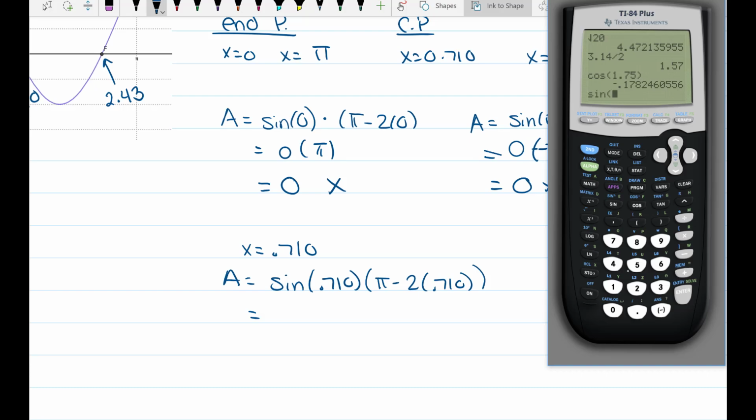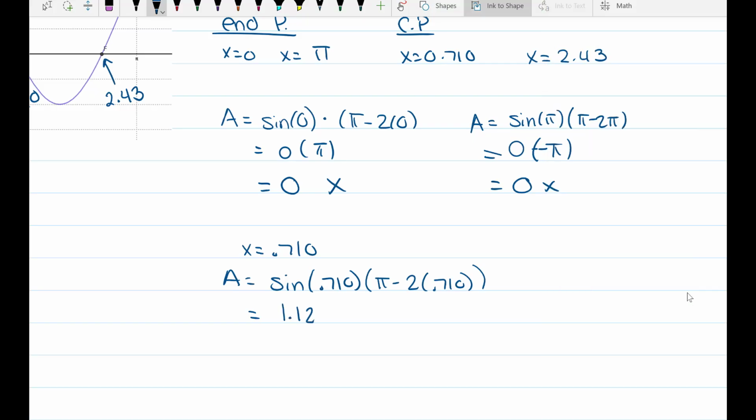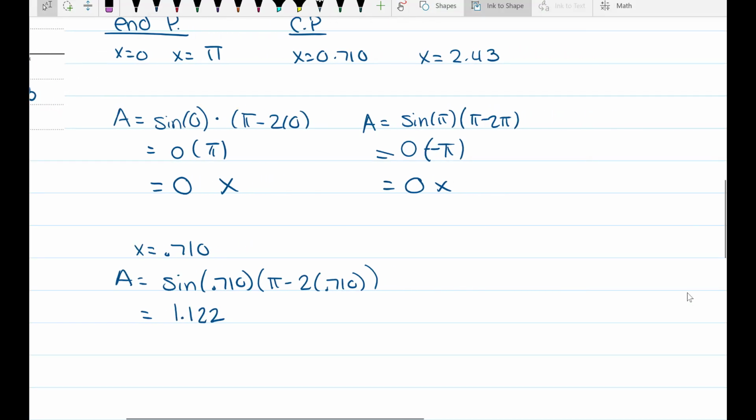So here we're going to push sine 0.710 times pi minus 2 times 0.710, and we get 1.122. Let's try the last one.